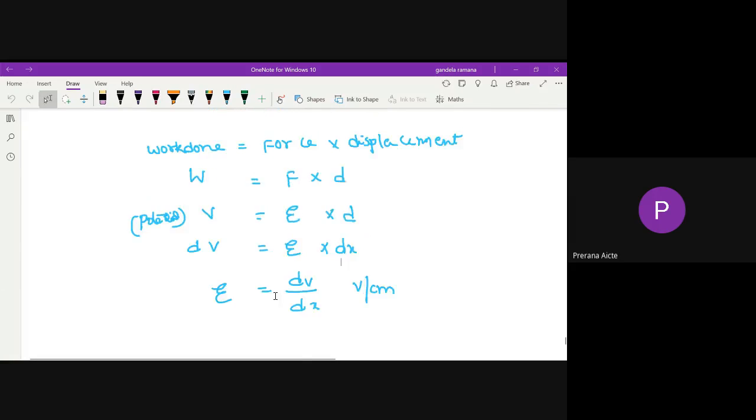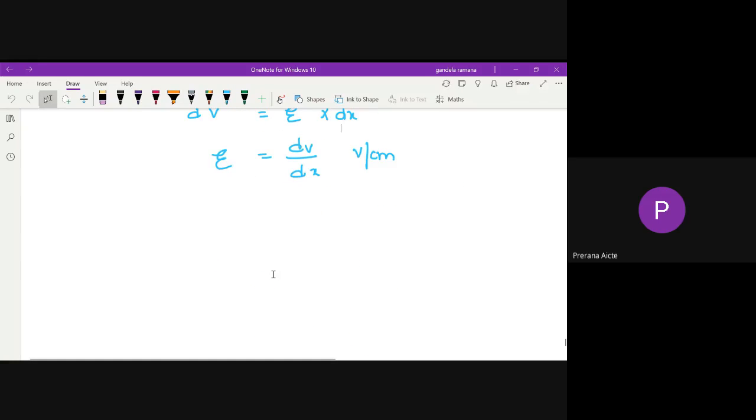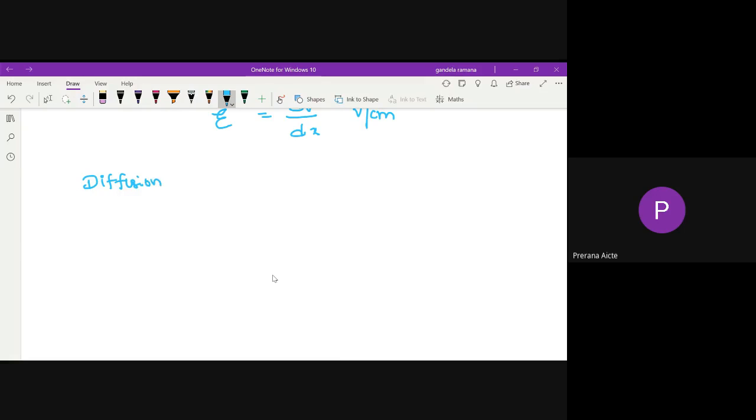Now we have to discuss diffusion current and drift current. What is diffusion current? We have N-type material with a number of electrons, and the doping concentration is high.